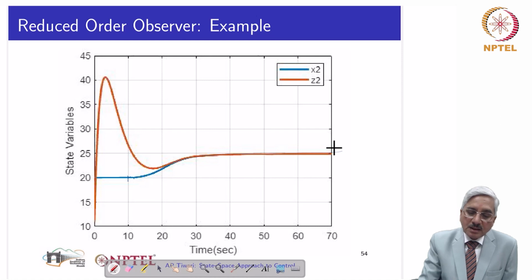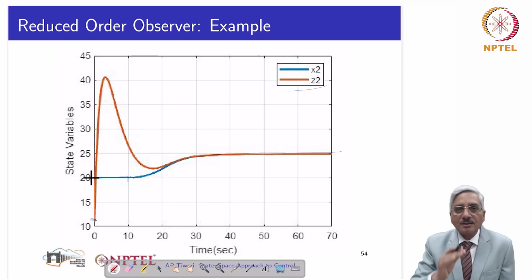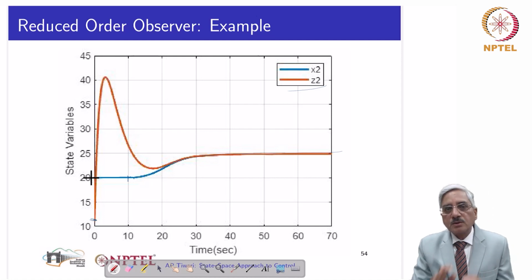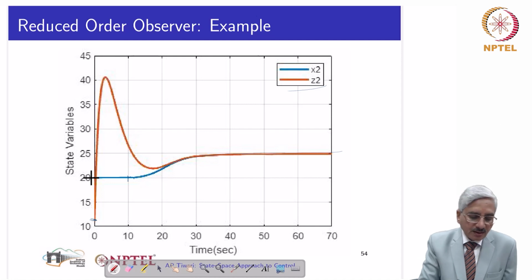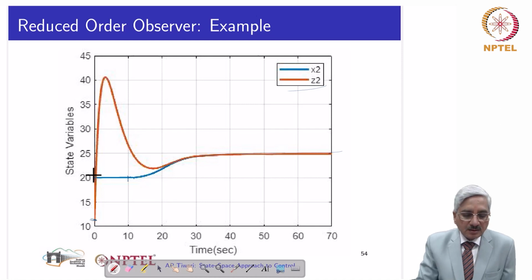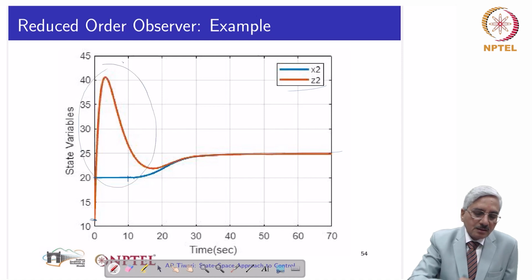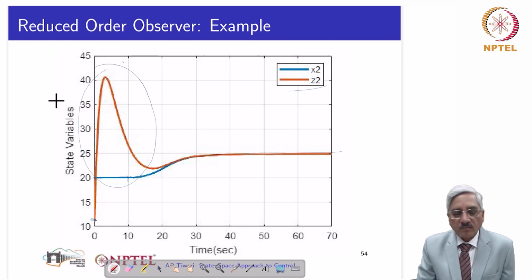We see that this is the initial transient in Z2 because of the difference in initial condition. Z2 was supposed to have been 20 if the observer had also attained equilibrium. Then this initial portion of transient might not have been there.